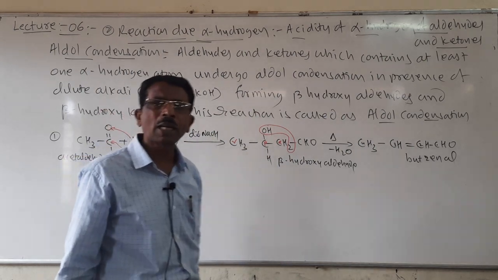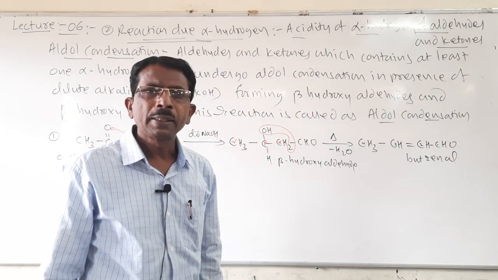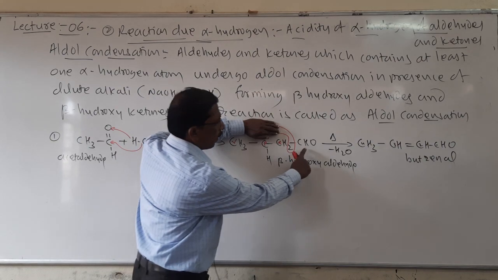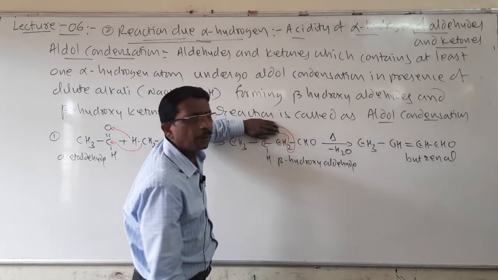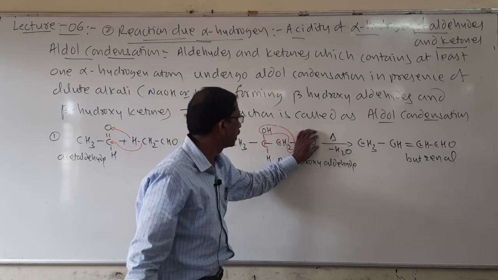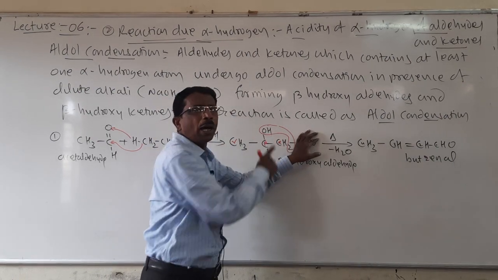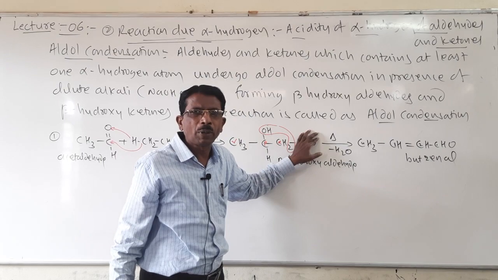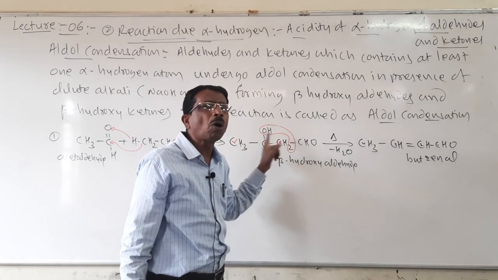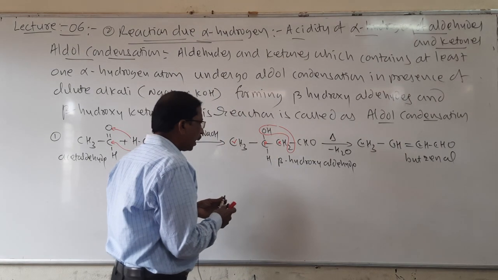And why is it called aldol? ALD. Look here, students, if I cover this OH group you will find the aldehyde group, and if I cover the CHO you will find the alcohol, OL. So aldehyde and alcohol, aldol.